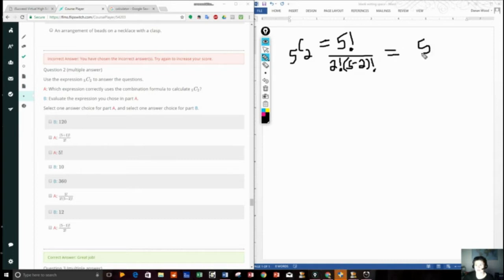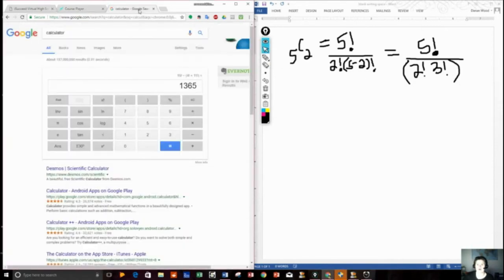And we're going to simplify inside our parentheses. So we're going to have 2 factorial. What is 5 minus 2? That's 3 factorial. Since we have 2 factorial times 3 factorial, we're including parentheses. That is one group. So we have 5 factorial divided by parentheses 2 factorial, 3 factorial.